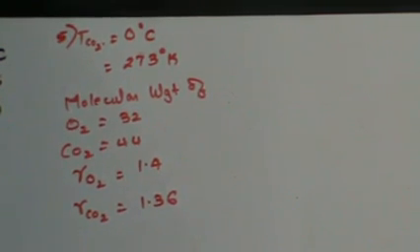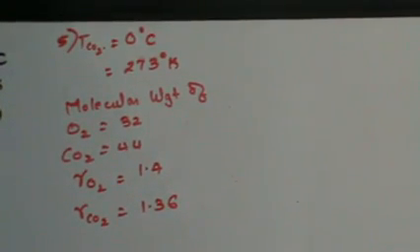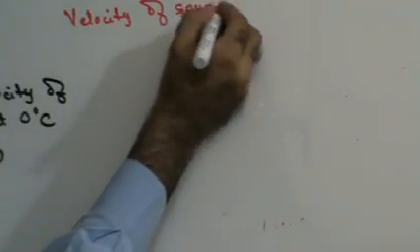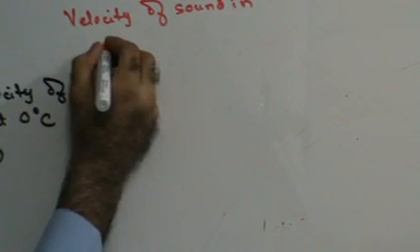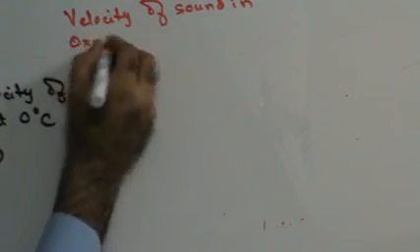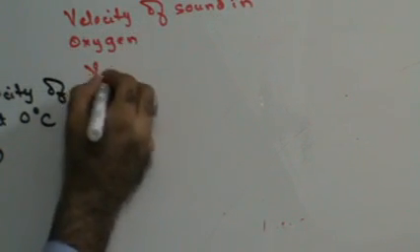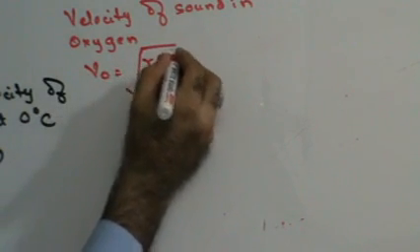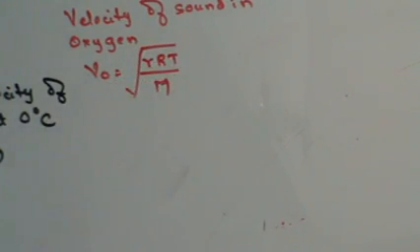Now, guys, let's first find out the velocity of sound in oxygen, because everything for oxygen is given to you. By Laplace's law, velocity of sound in oxygen is equal to the square root of gamma times RT upon molecular weight.